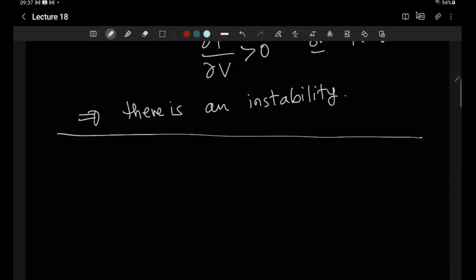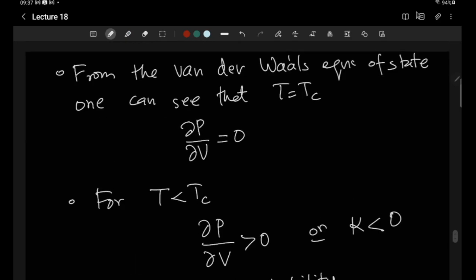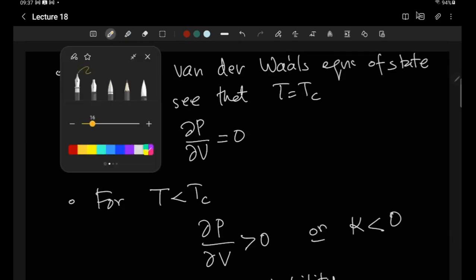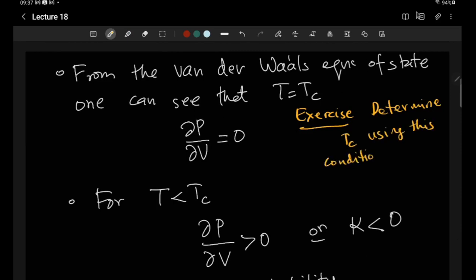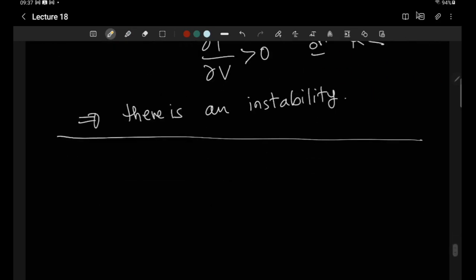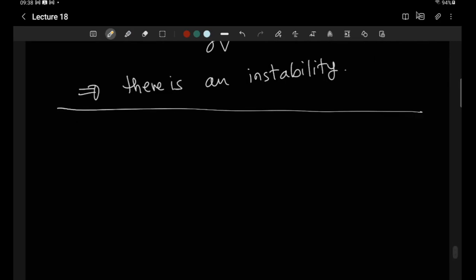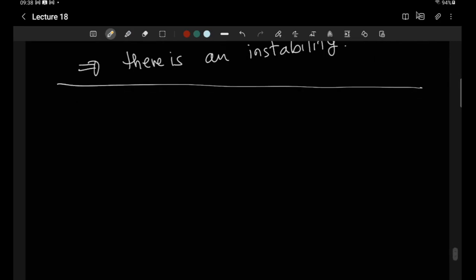And this exercise here is to determine Tc. You can do that, and let me just do one more plot.